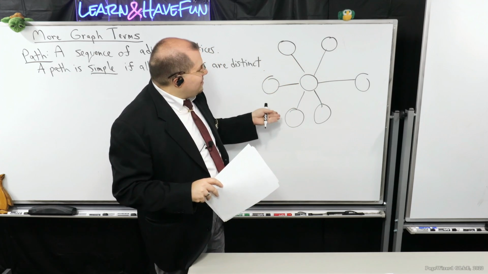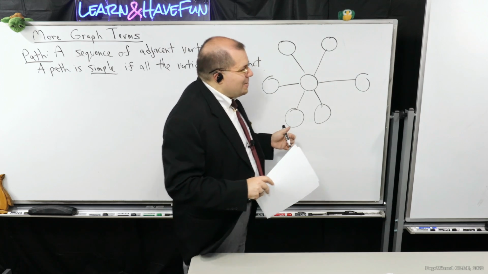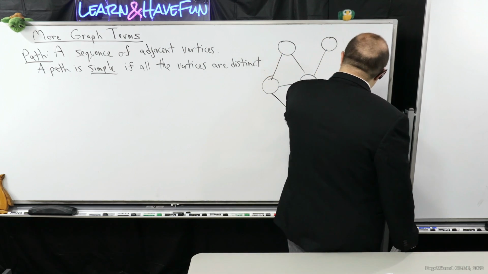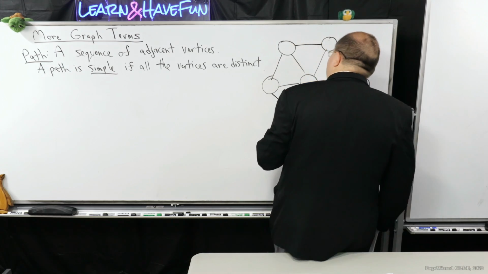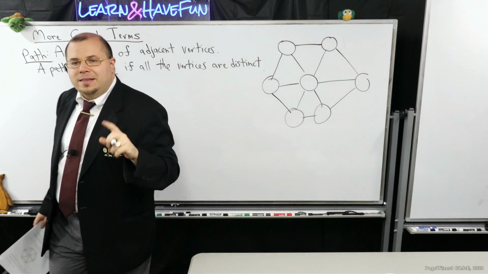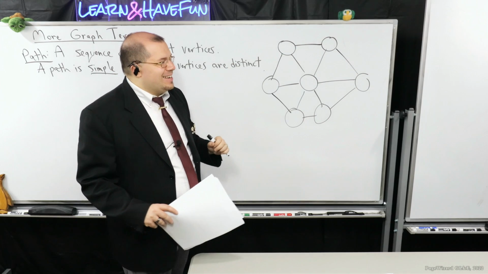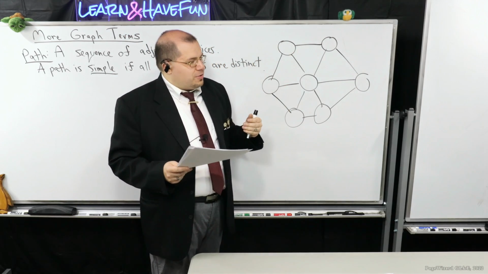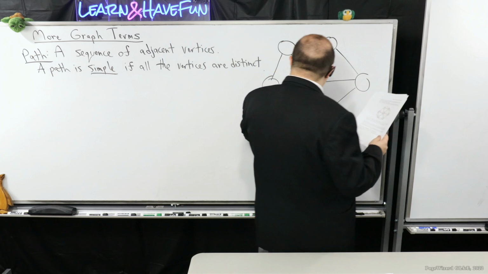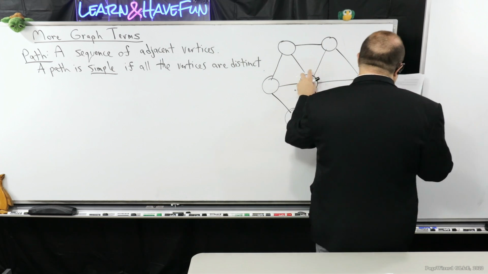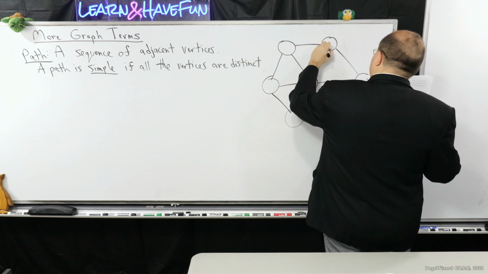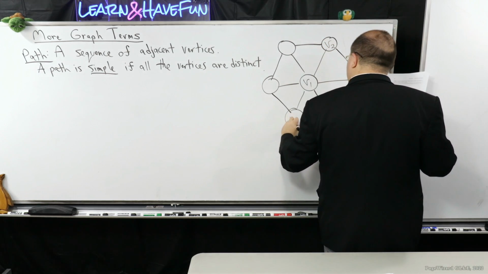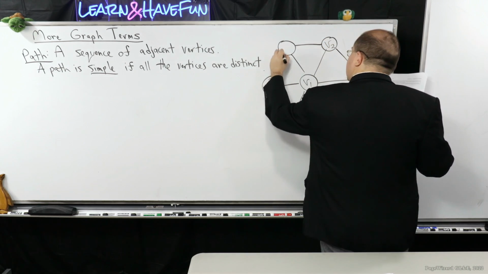So this is a star graph, and I'm going to make it look like a wheel by adding an outer perimeter, a pathway around the outer perimeter. This is what we call a wheel graph. It's just a graph, remember. So I'm just going to give these names. V1 is going to be the center, then V2, and then I'm going to go around V3, V4, V5, V6, and V7.